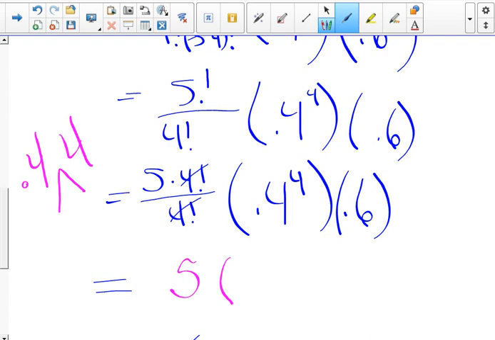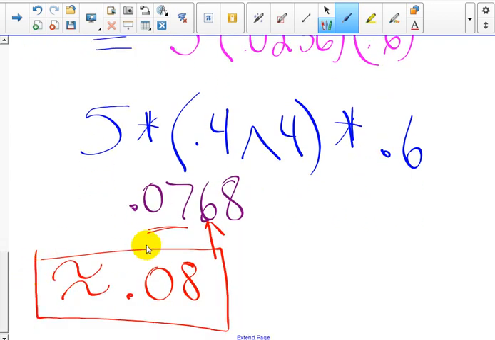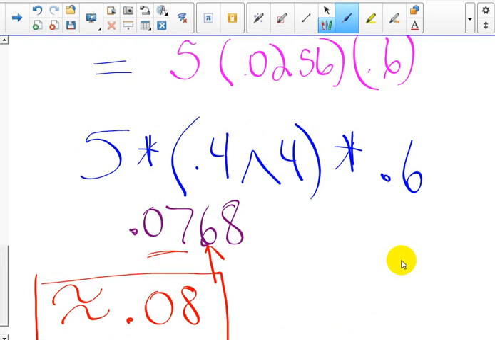And it's 0.0256 times 0.6. I'm just going to take that answer and multiply times 0.6, enter, and then take that times 5. And there it is, 0.0768, which is about 8%, or 0.08. Okay?